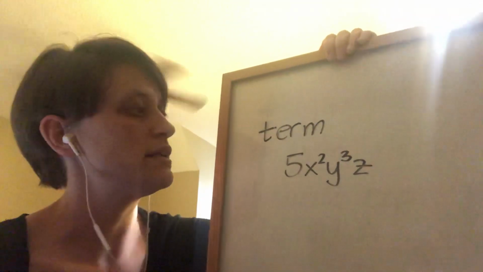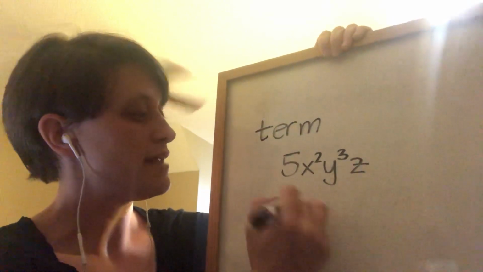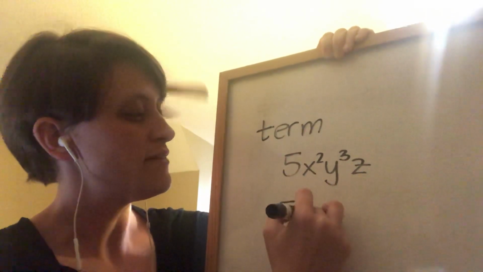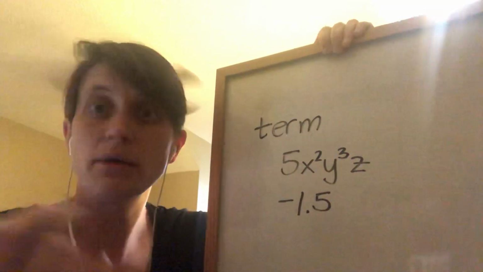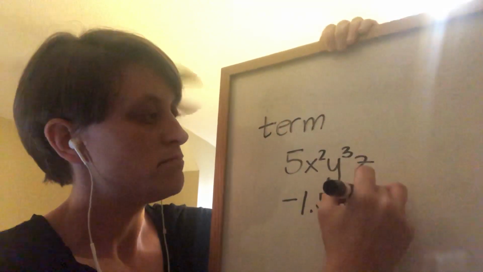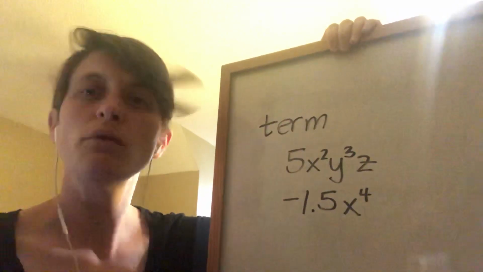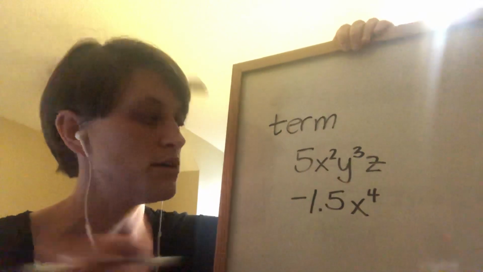So we can leave it like it is. We could have a term that has a negative number in front of it, and it doesn't even have to be a whole number or an integer. It could just be some real number. And then we could give it a variable with a non-negative integer exponent on it. So these both count as terms.